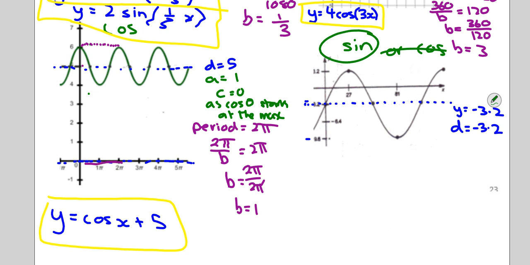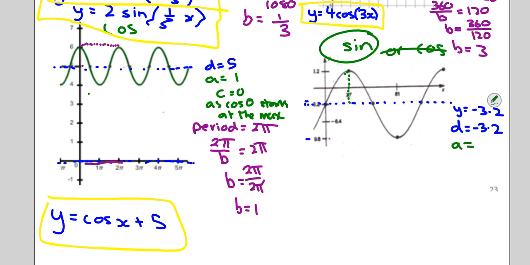Cool, so what's the amplitude? Anyone want to suggest the A? 6.4. How did you get that, Tilly? The distance from the principal axis. So it's 6.4, and it's sine, and it goes up first, it doesn't go down first.